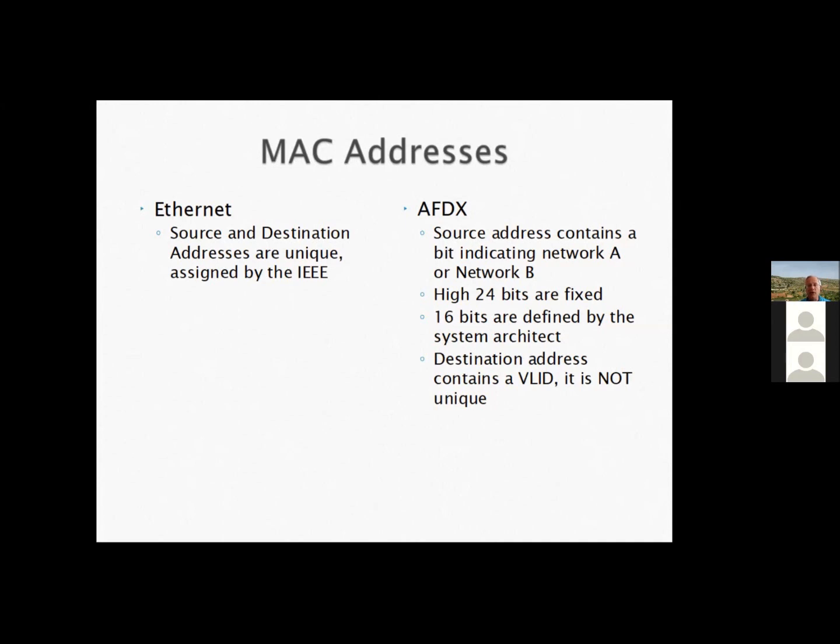And therefore, I don't want it to go to one place. I want it to go to any place that needs to know altitude. So we call that a VLID, or a virtual link identifier, the address. It's a functional thing. It goes to whoever needs this information. So that's the MAC address difference between standard Ethernet and AFDX.